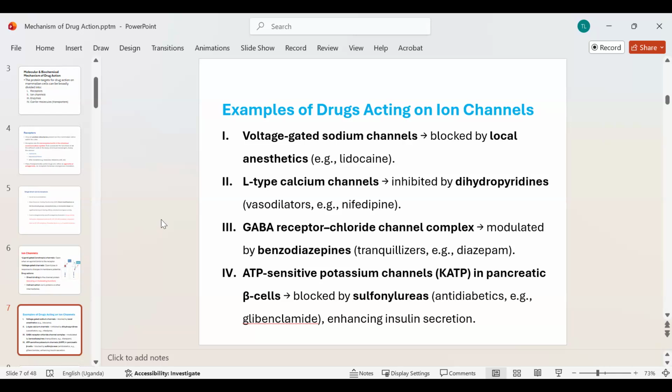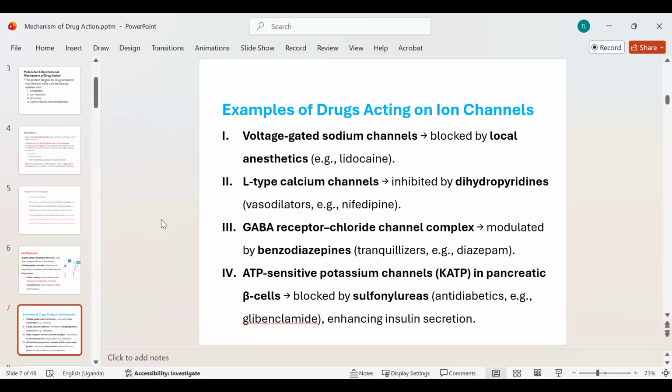So we can still call them receptors, but they are just proteins that form ion channels, and drugs usually bind to a certain site on them and it opens up the channel.